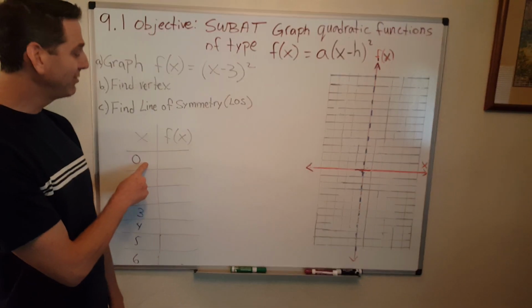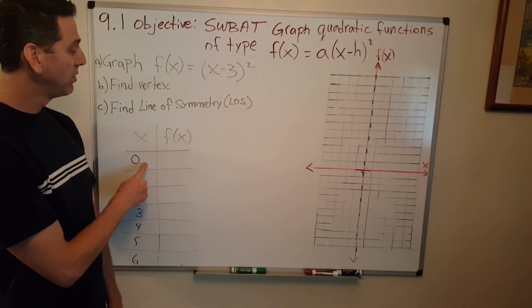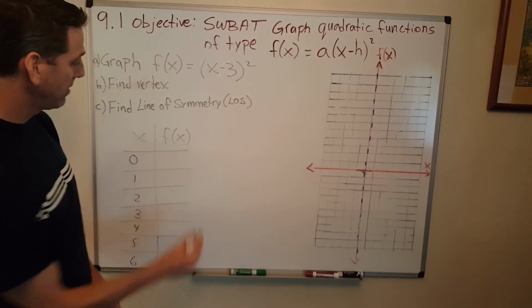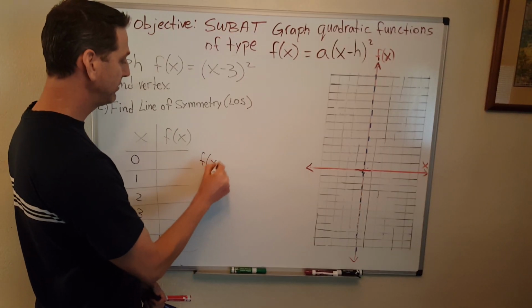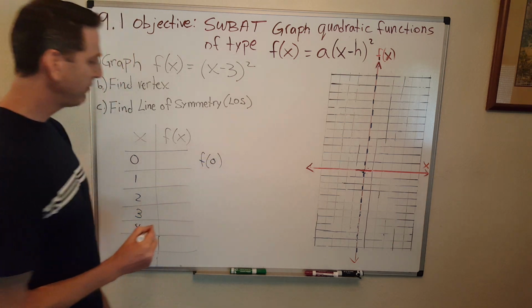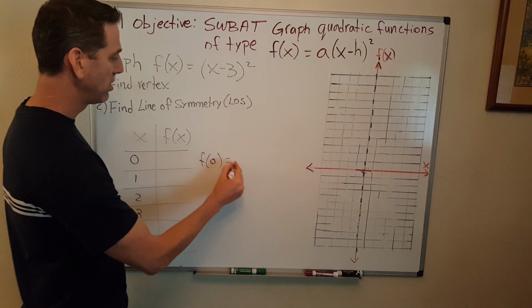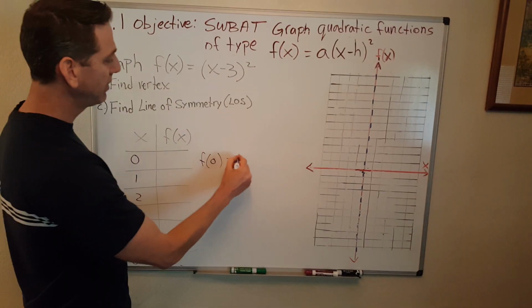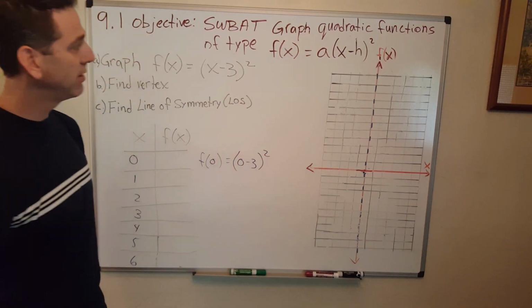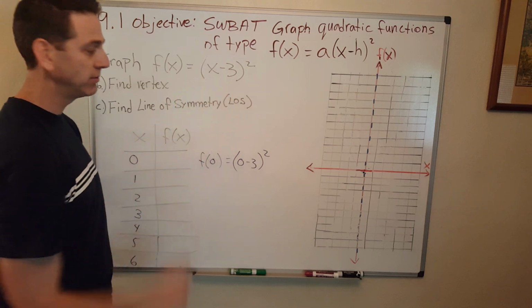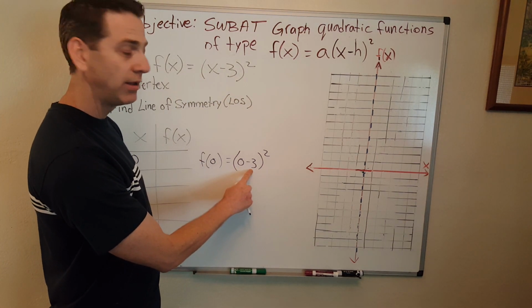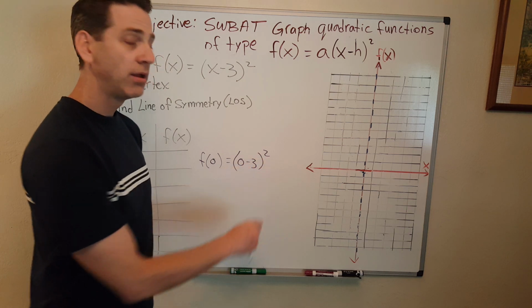At x equals 0, what does f of x equal? Well, f of 0 is 0 minus 3 squared, just taking it right from the function. So 0 minus 3 is negative 3, and negative 3 squared is 9.